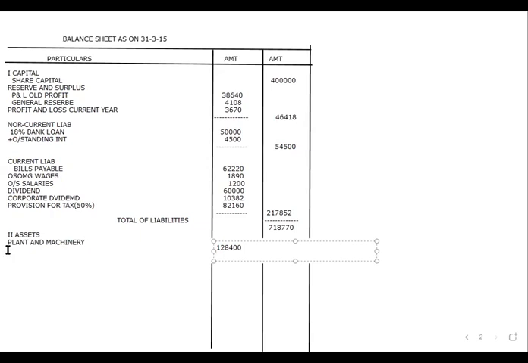So I'm going to take a minus depreciation. If I'm taking around 19,260, then it will be 1,09,140.